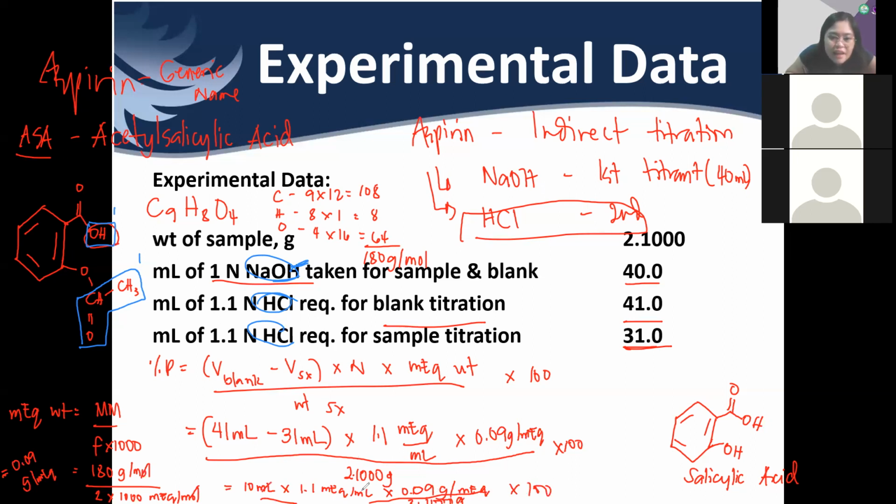So cancel the ml, cancel the milli equivalent, and also cancel the grams. The percent purity for our aspirin here is, again, 10 times 1.1 times 0.09 divided by 2.1 times 100. The answer is 47.14%.